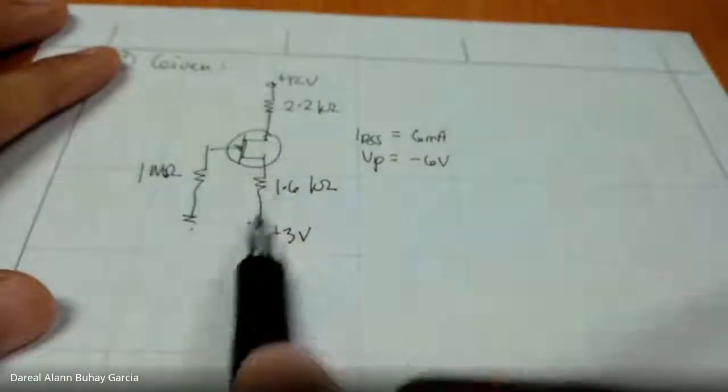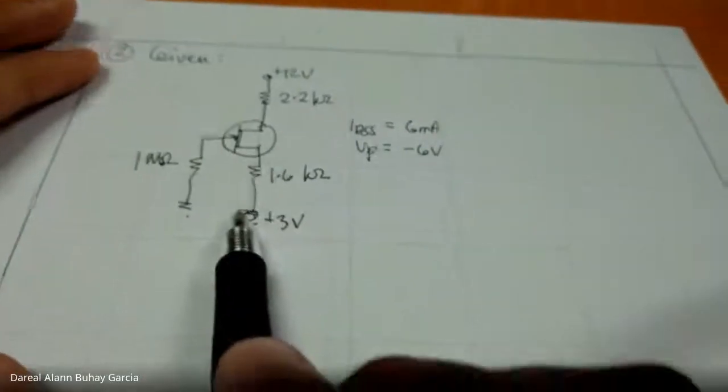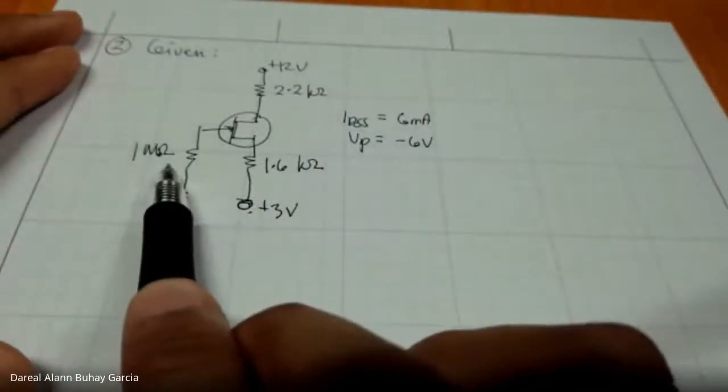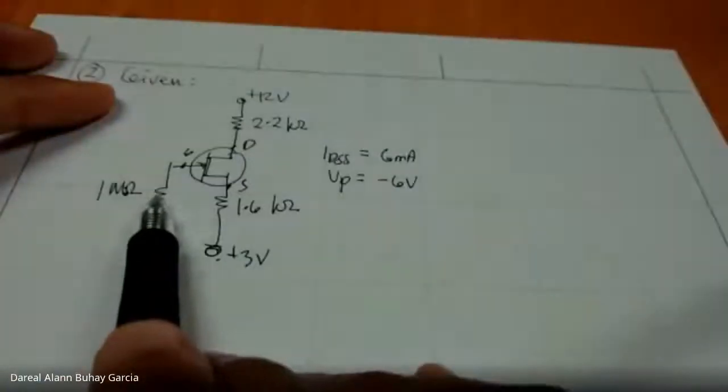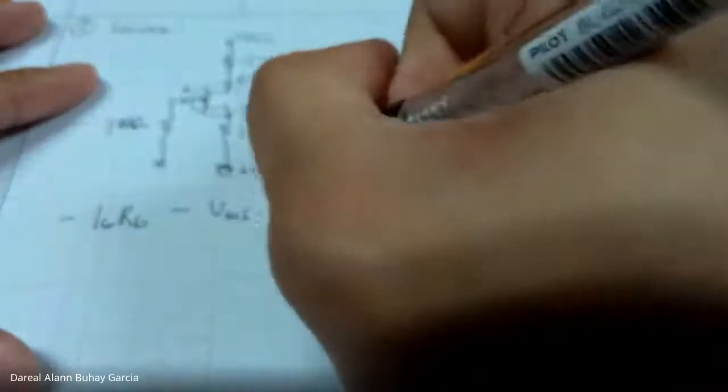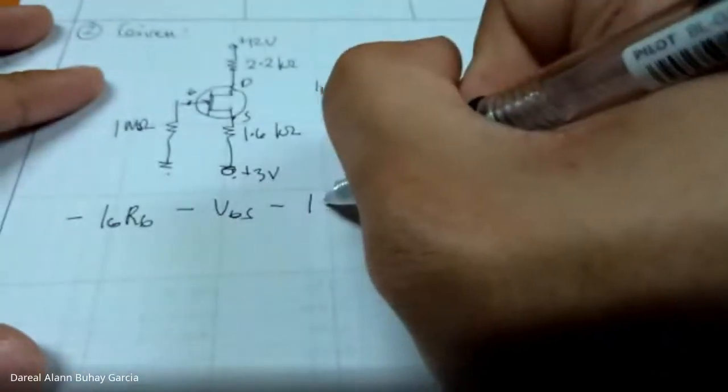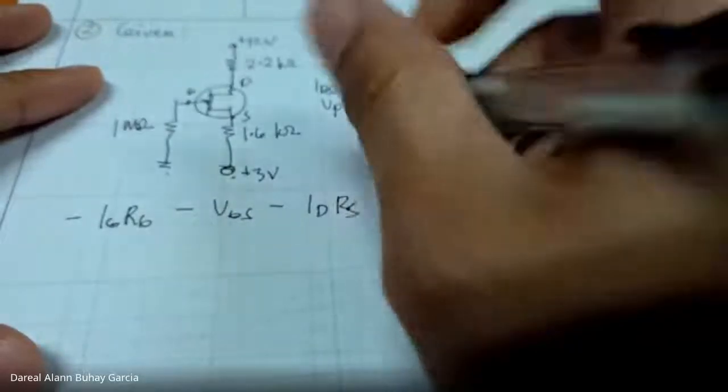Sige. KVL ta sa input side. Negative IGRG minus VGS minus IDRS. Dito na ako IDRS ni.